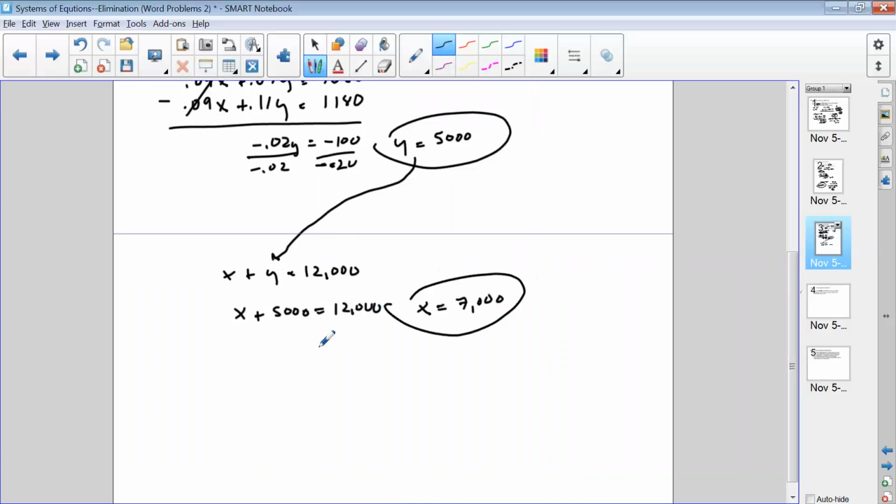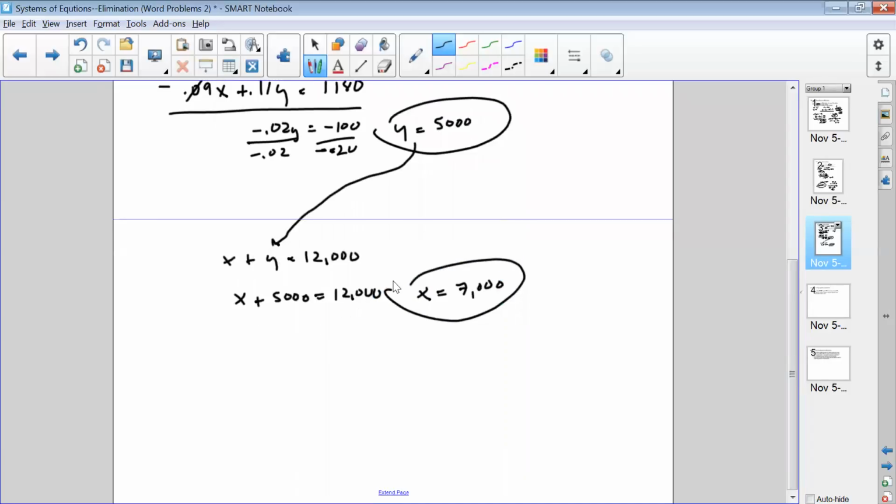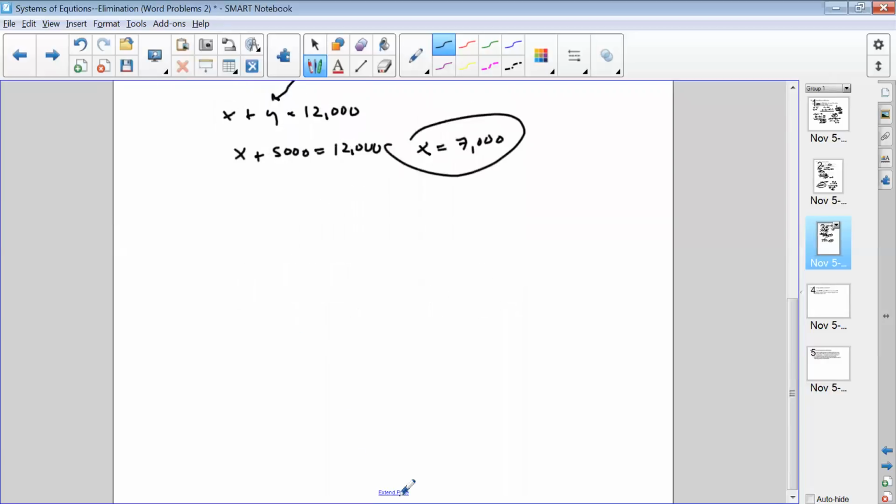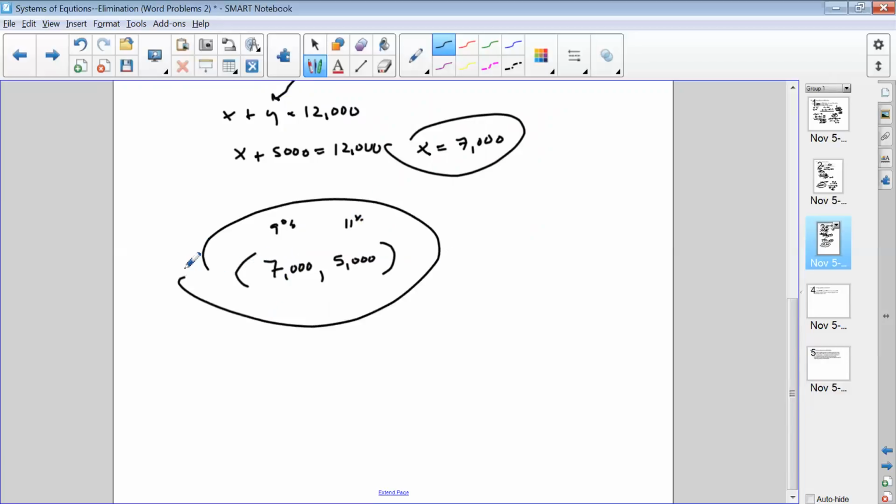So what's our solution? $7,000 invested into the 9%, $5,000 invested into the 11%. This was the 9% and this was the 11%, would be our solution.